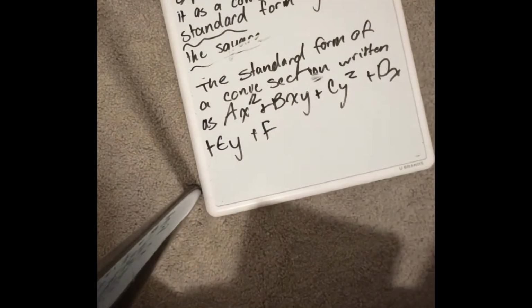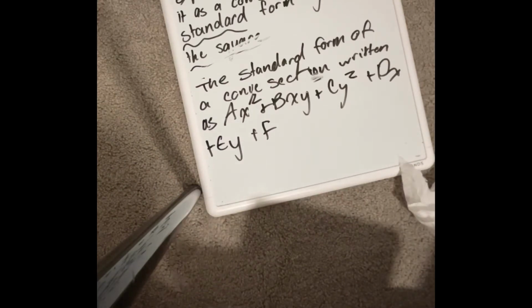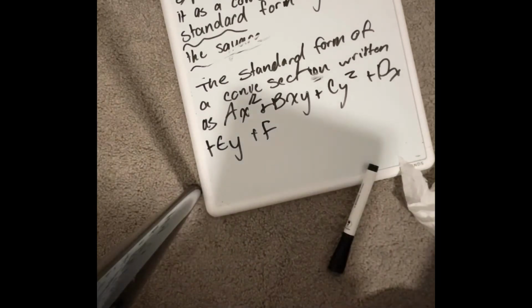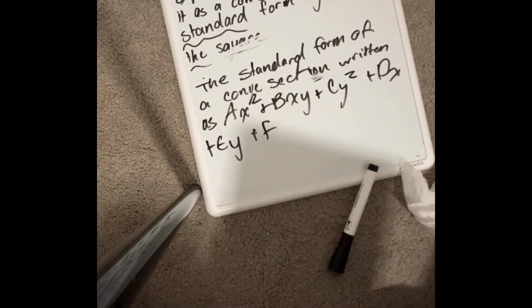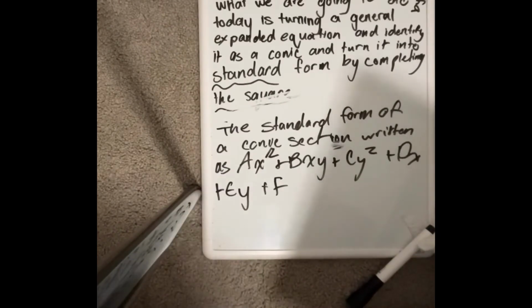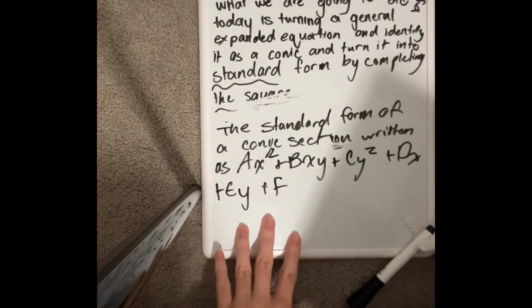And now we got to the basis of the lesson. Let me describe completing the square, which is the method we will use to change from general form to standard form.